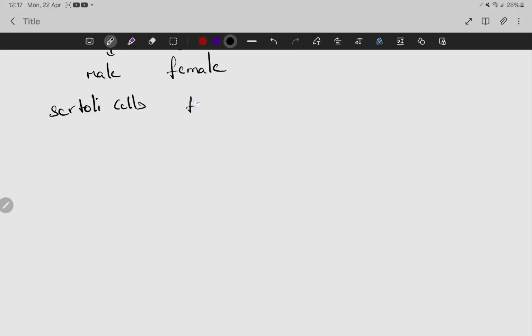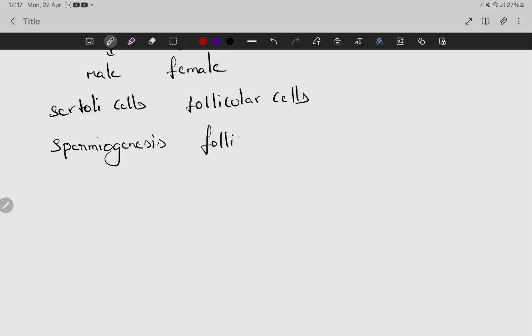In female, it will act on follicular cells. In male, it causes spermiogenesis. In female, it causes follicular stage.